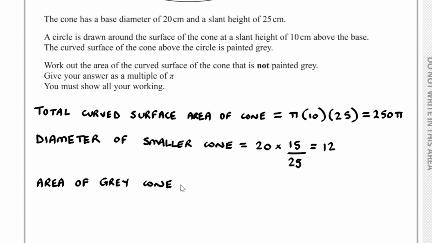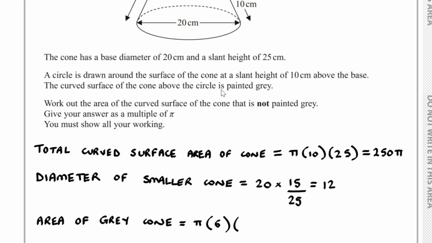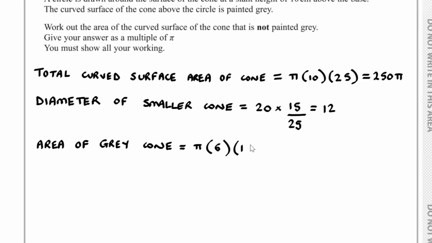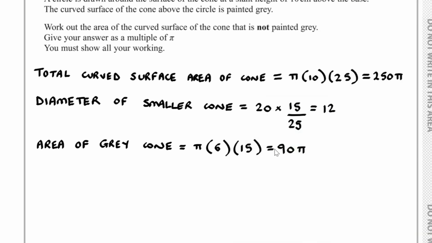And so therefore, what we can now do is find out the area of the smaller cone. The area of the grey cone will equal pi multiplied by the radius, which is 6, half of the 12, multiplied by the slant height of 15. So here we end up with 90 pi. 6 times 15 is 90. So that's the area of the grey cone.